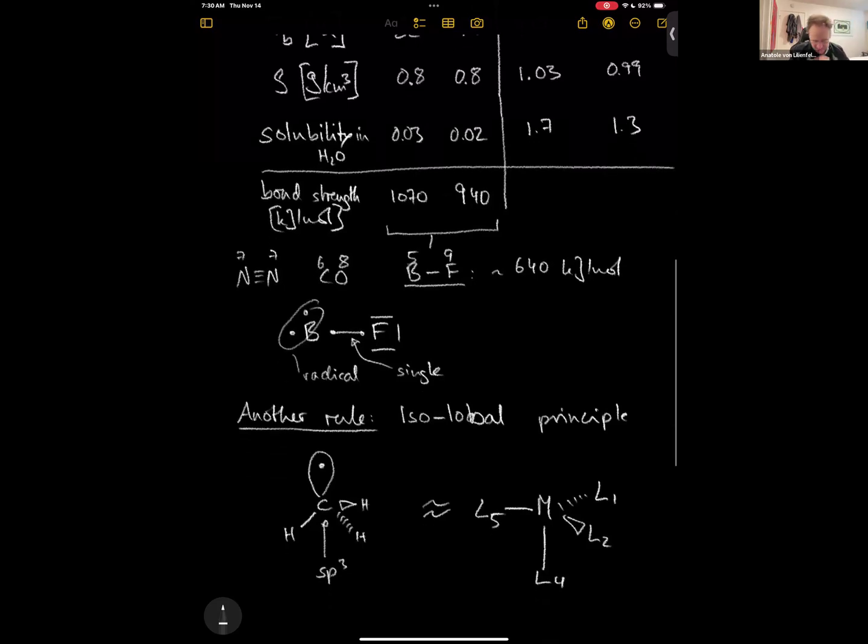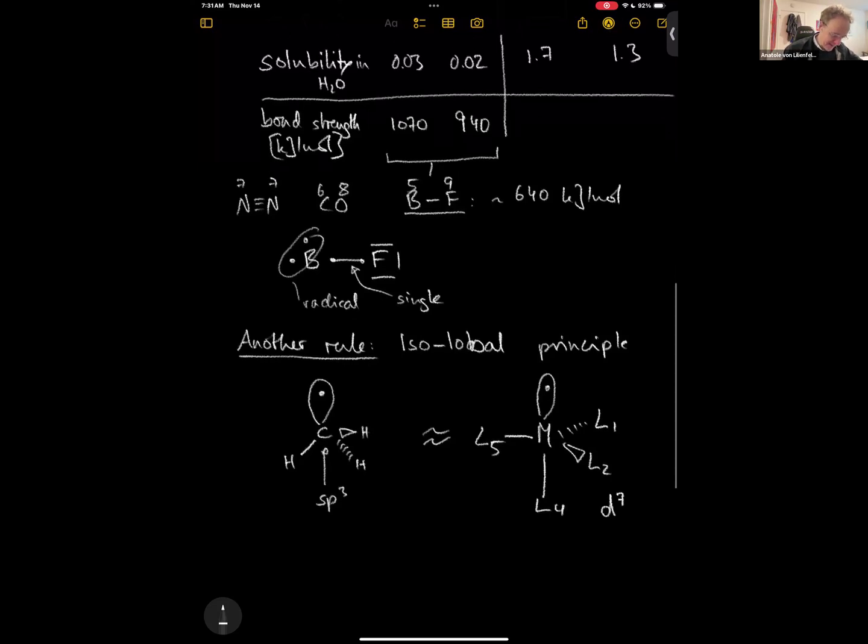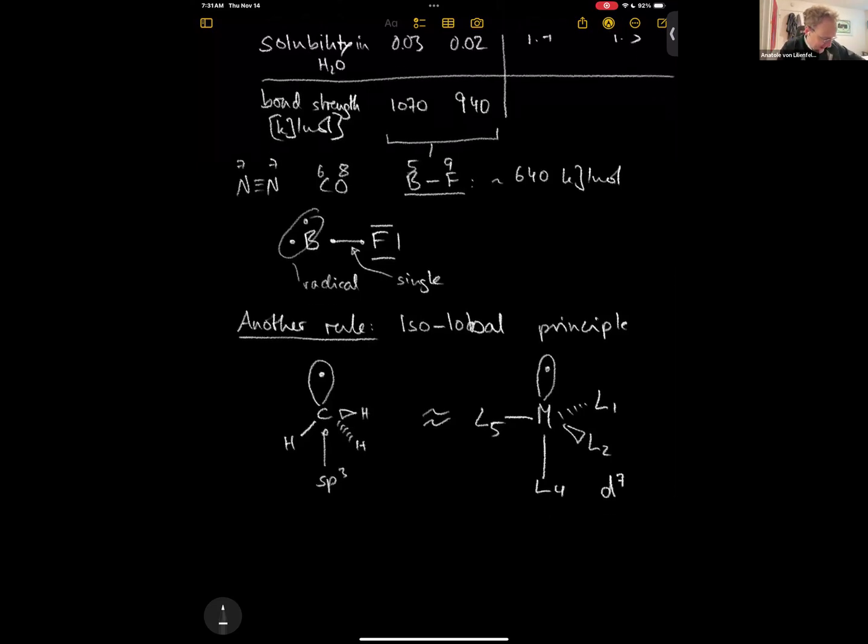So this metal atom could be, for instance, encountered in a d7 electron configuration. And you would then have one orbital left with one electron exposed. And this isolobal principle tells you that the reactivity here would be similar.